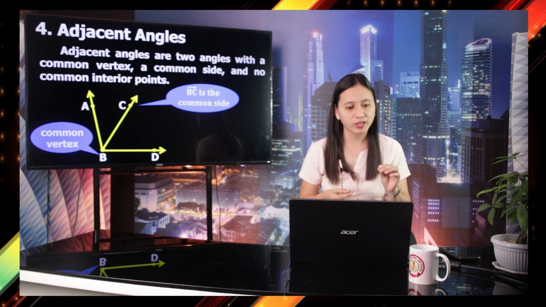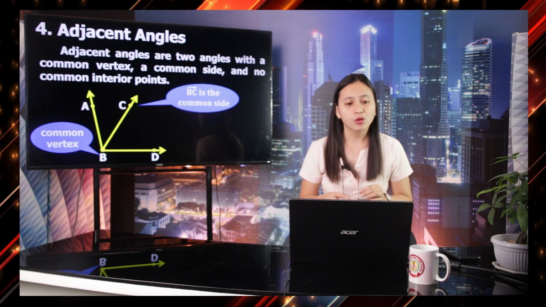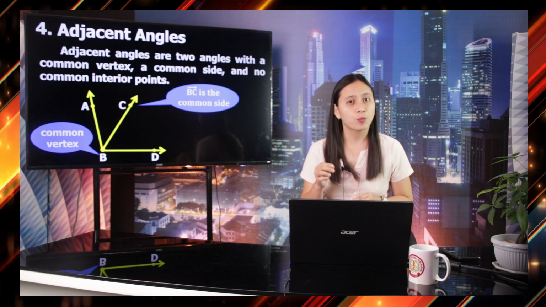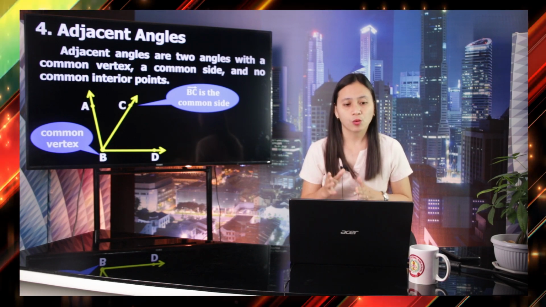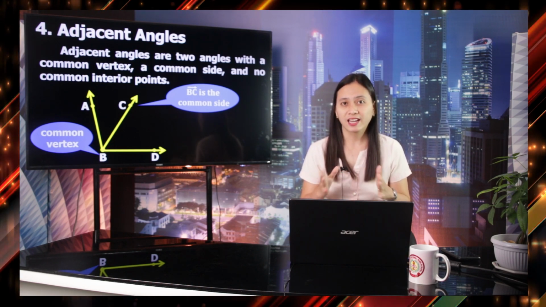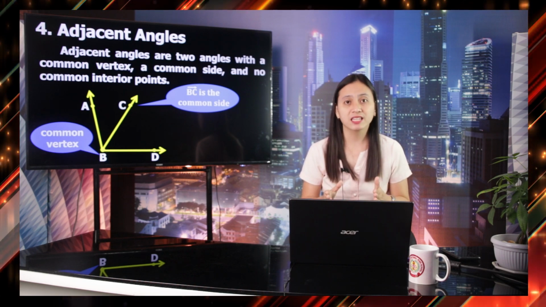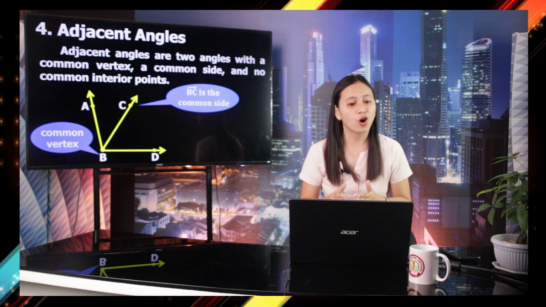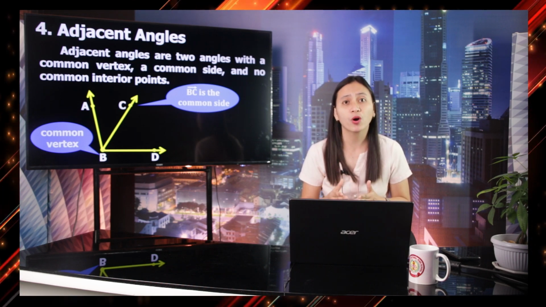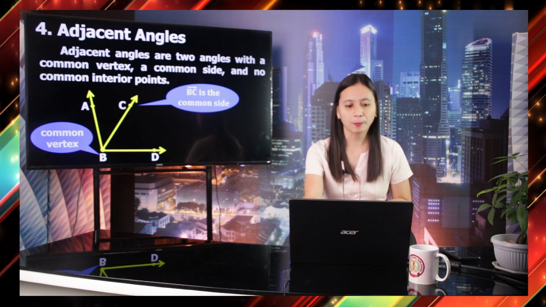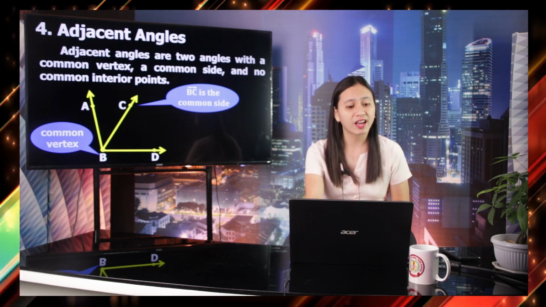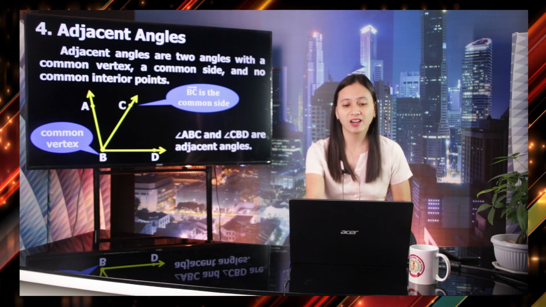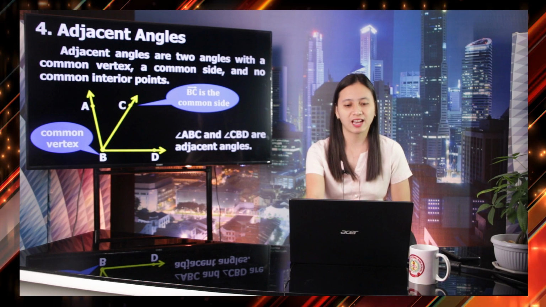And also, angle CBD has its own points inside. So the two angles each have their own interior points. That's why they do not have common interior points. So, we can say that angle ABC and angle CBD are adjacent angles.